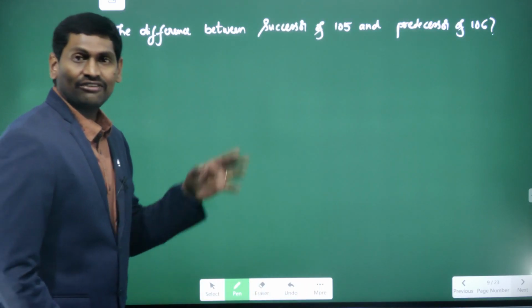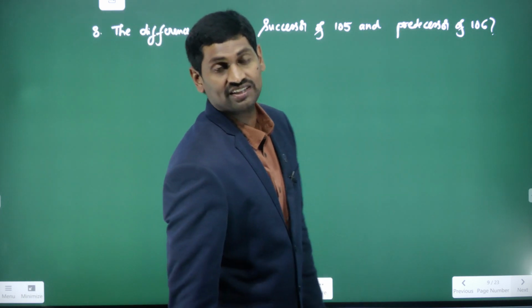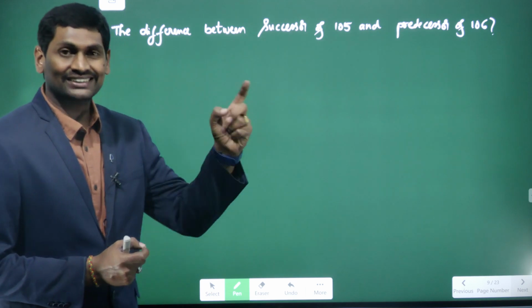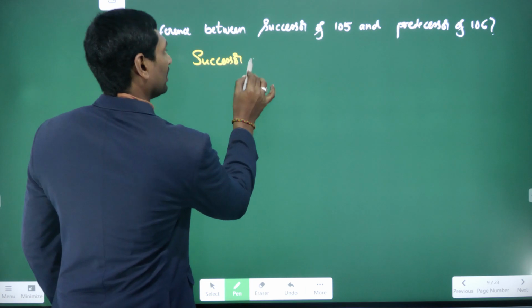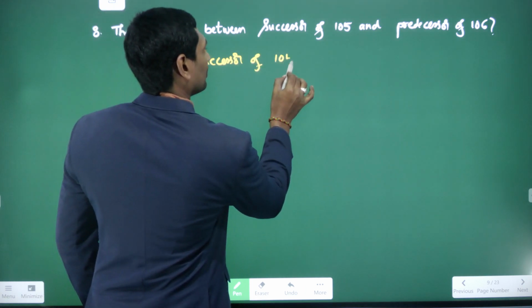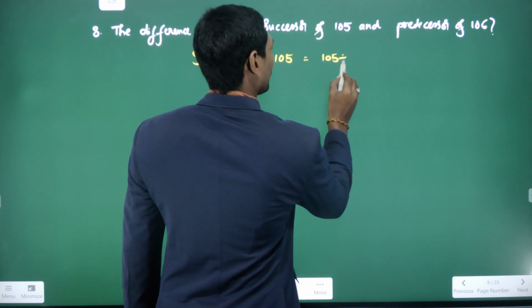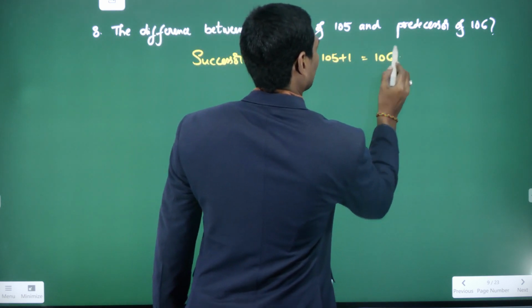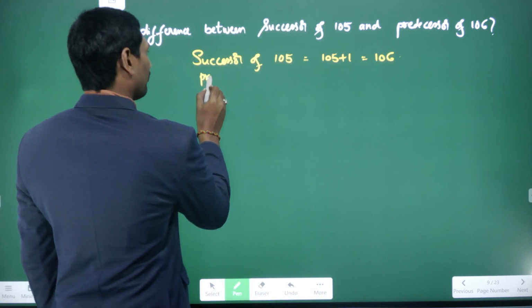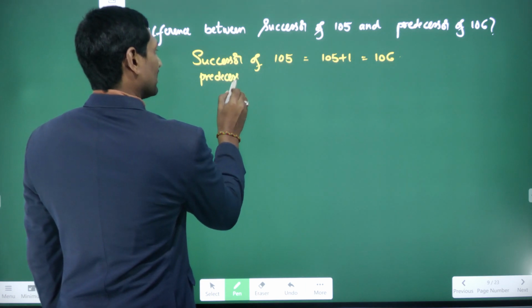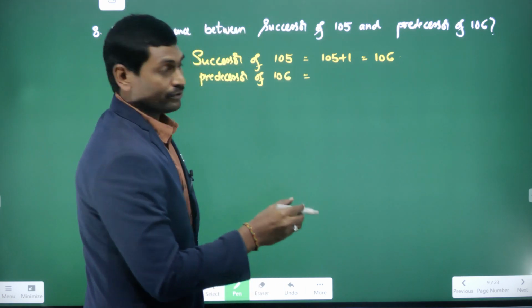Okay, let us move on to the next problem. The difference between the successor of 105 and the predecessor of 106. Let us find the successor of 105. Successor is the immediately next number, which we get by adding 1. So 105 plus 1 is 106. This is the successor of 105. Now let us find the predecessor of 106. Predecessor means the immediately before number.